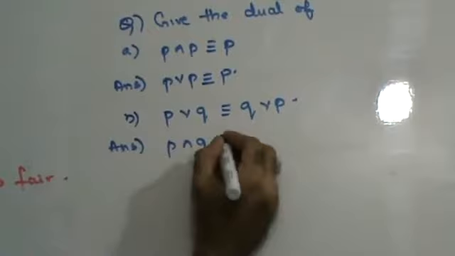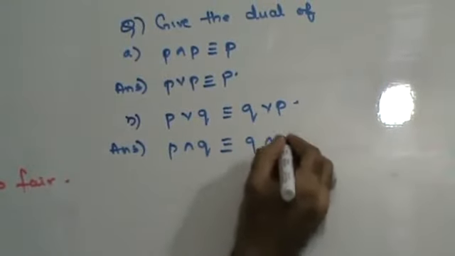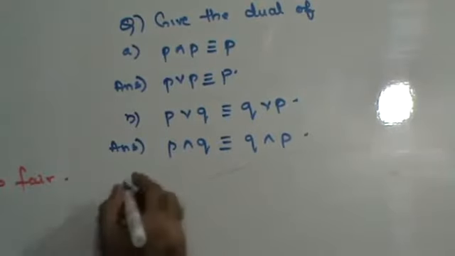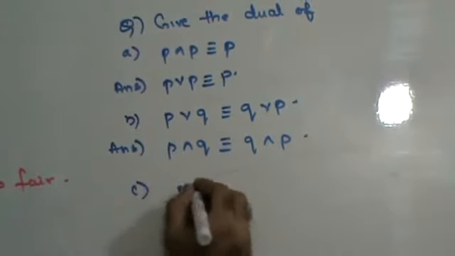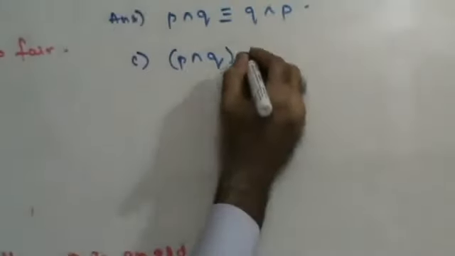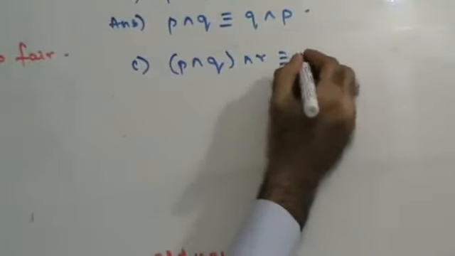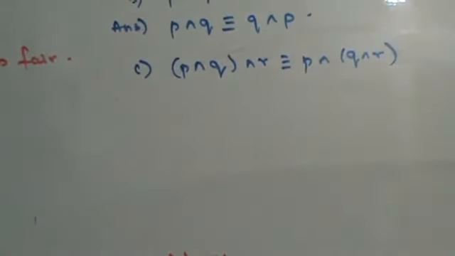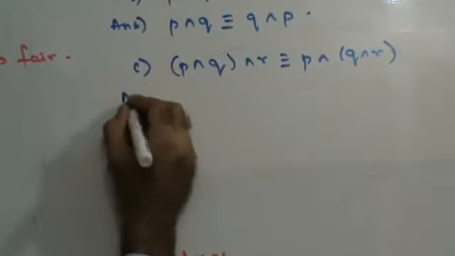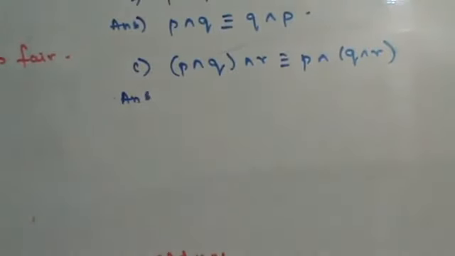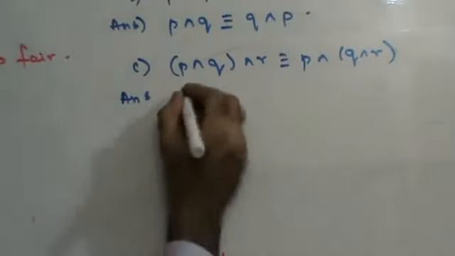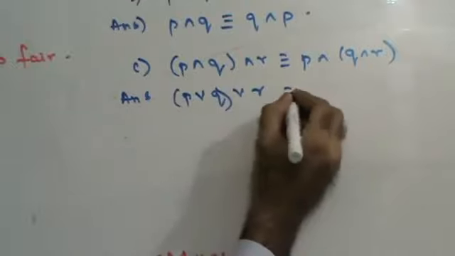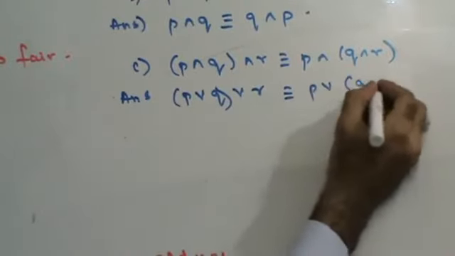So P and Q is logically equivalent to Q and P. P and Q and R is logically equivalent to P and Q and R. The answer for this is going to be P or Q or R is logically equivalent to P or Q or R.